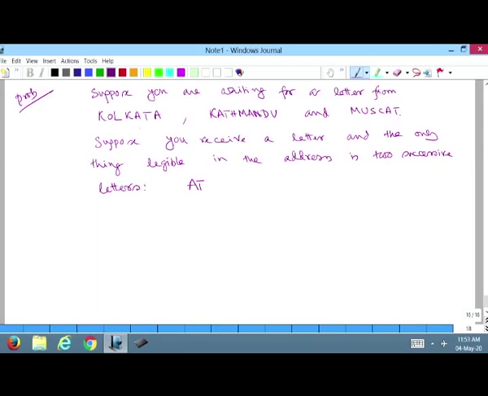Now, AT is there in Kolkata, it is there in Kathmandu, it is there in Muscat as well. What is the probability that it is from Kolkata? That is the question.